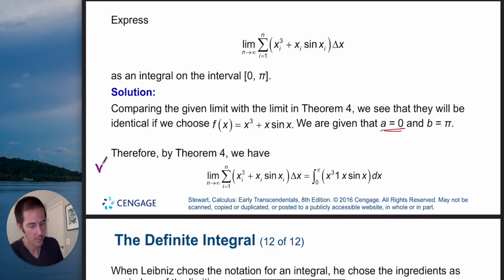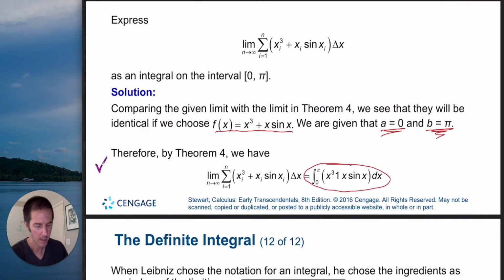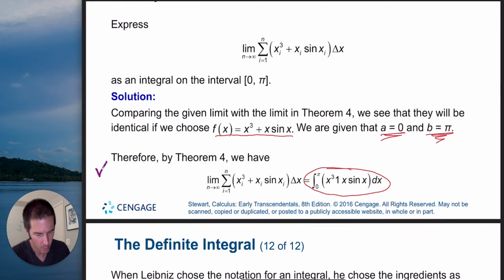So a is going to be our lower limit of 0, and we're integrating up to pi, so that'll be our b value. And the function that you see inside the summation notation up there is x to the third plus x sine x. And so the statement at the top of the screen, the limit of the Riemann sum, can be expressed as the integral from 0 to pi. And this number 1, I'm quite sure, is supposed to be a plus sign.